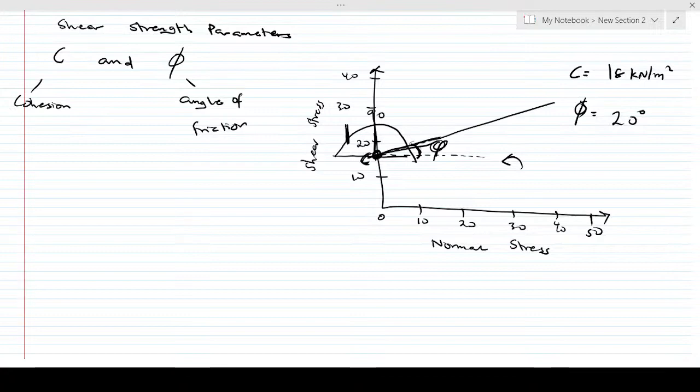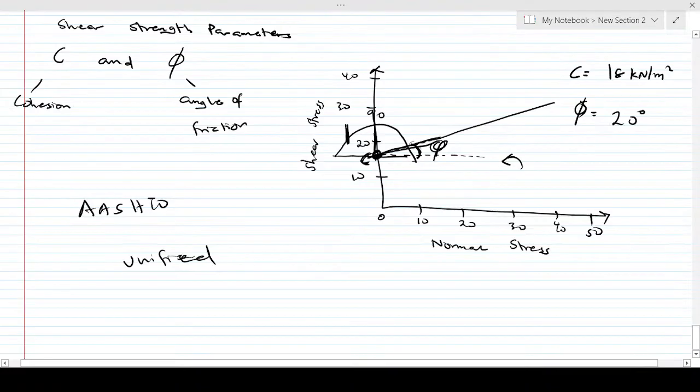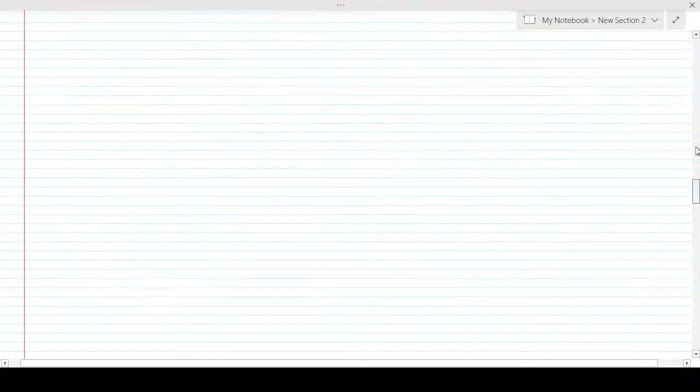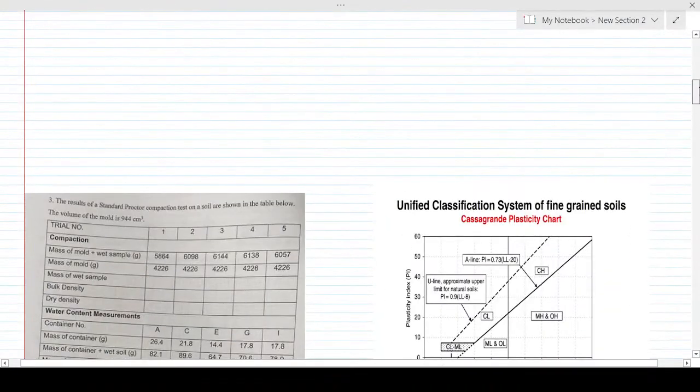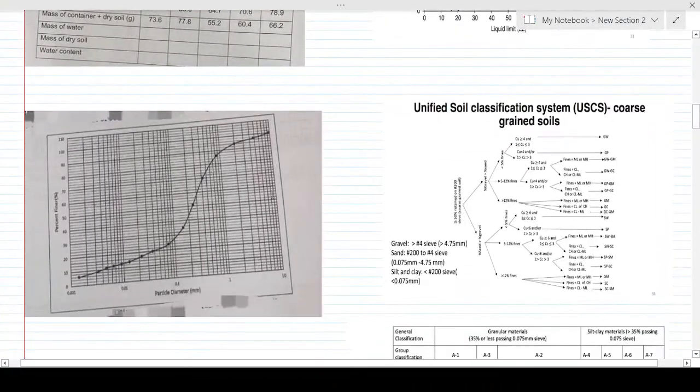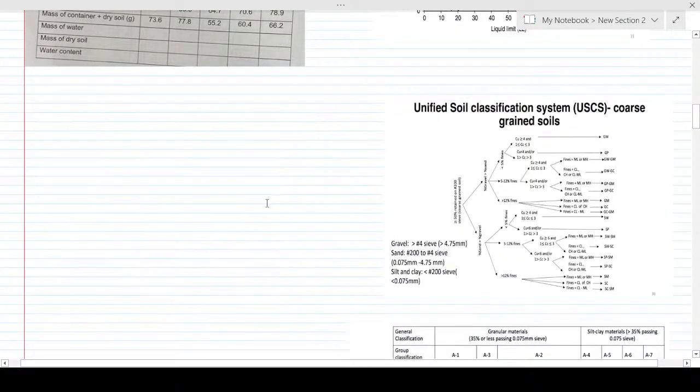So we are going to deal with particle size, where we'll talk about the classification schemes. We are going to look at AASHTO and also the Unified. Okay, so I have this here.